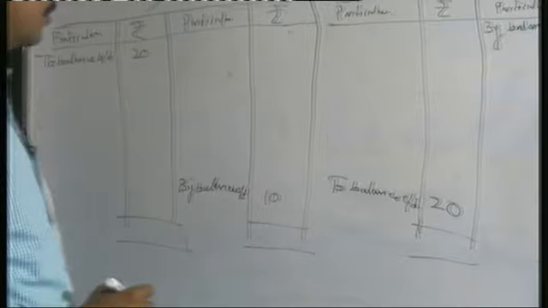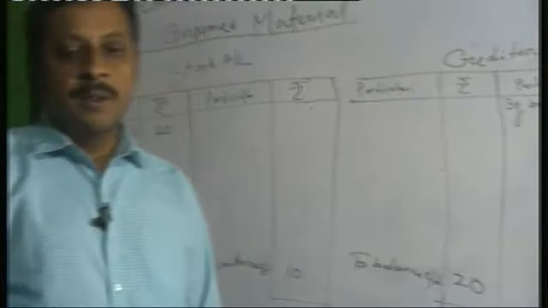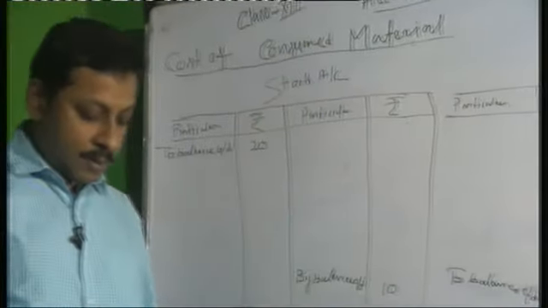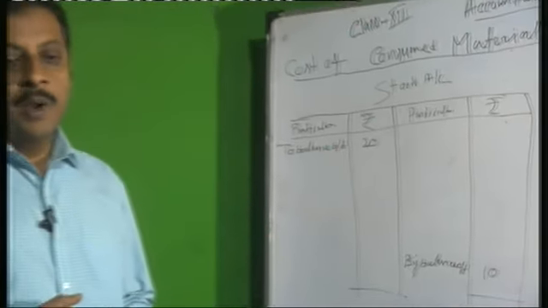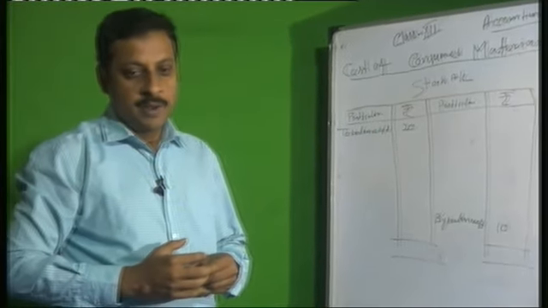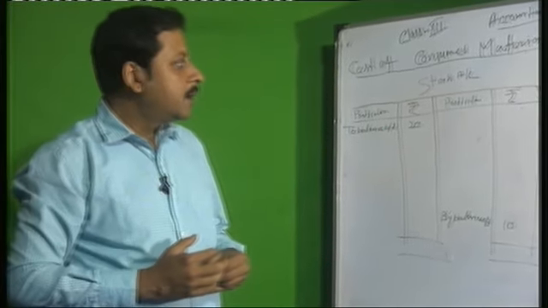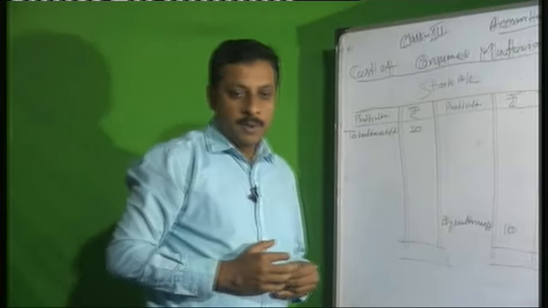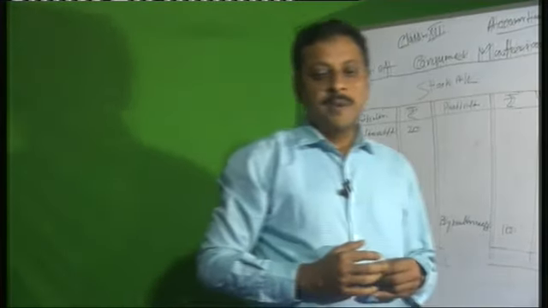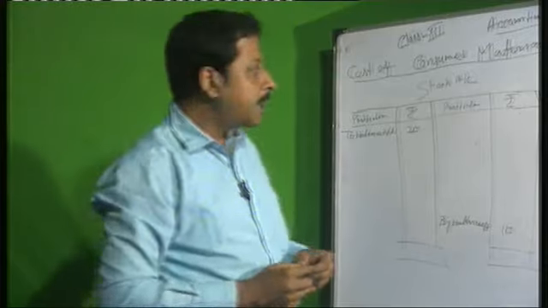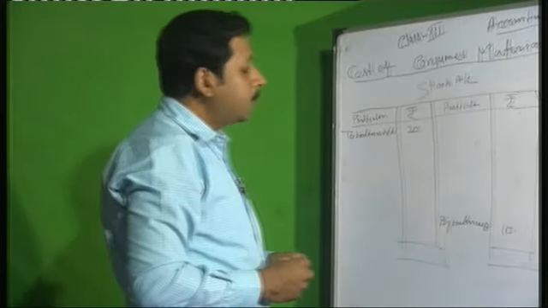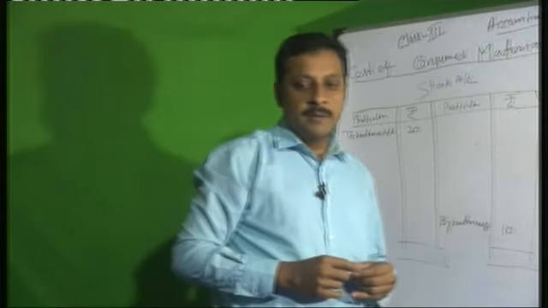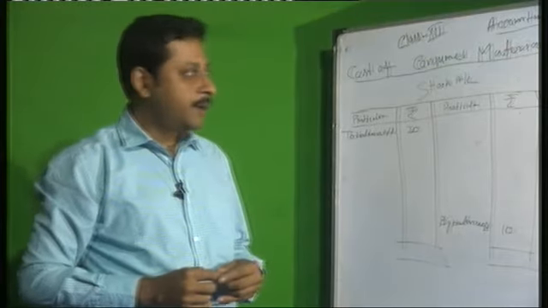Now we do not know in this example how many chocolates we have purchased during the day, but one thing they said in the story is that we make a payment to the creditors of rupees 100.